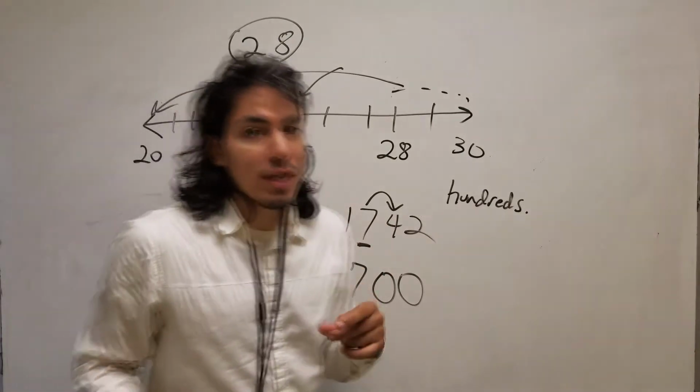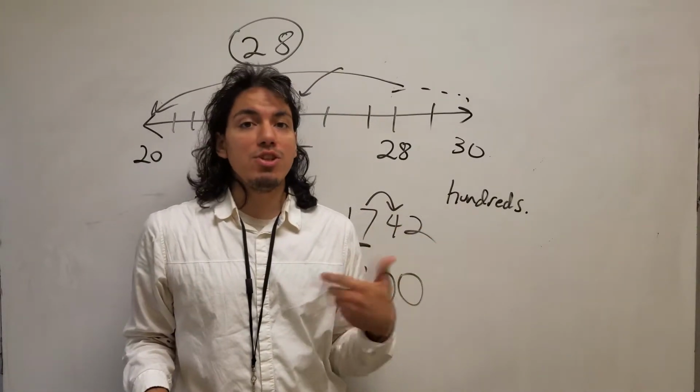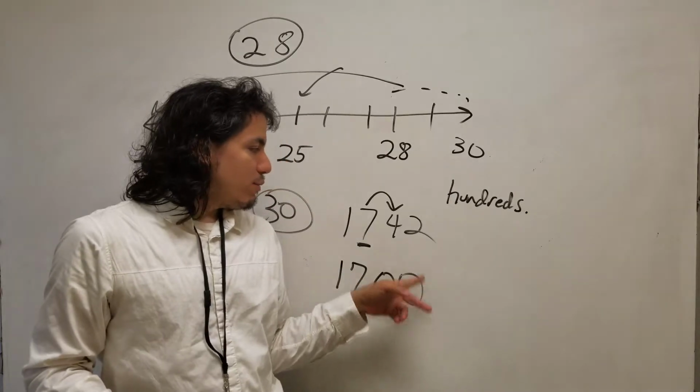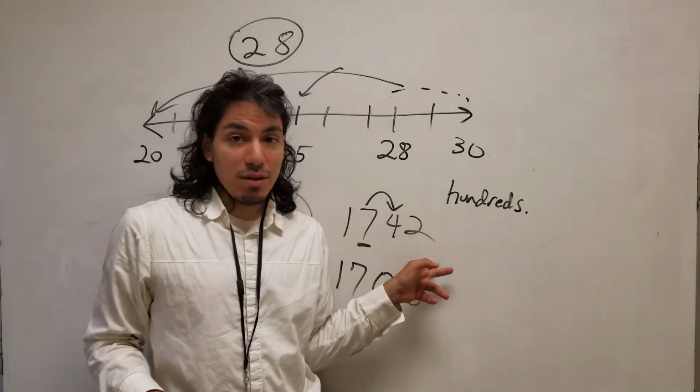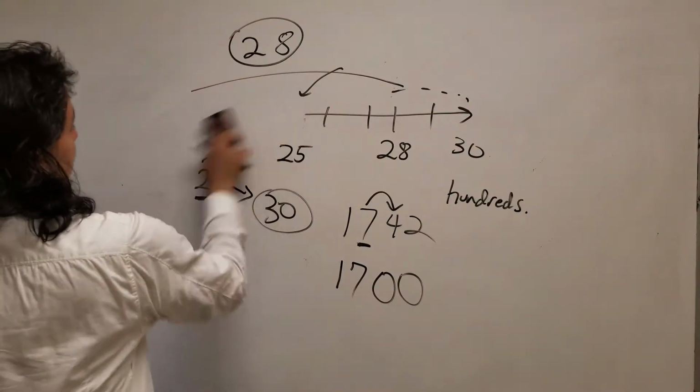One last thing I'll say is that rounding numbers is useful when you want to remember numbers more easily versus remembering the exact number. I'll give one random example.